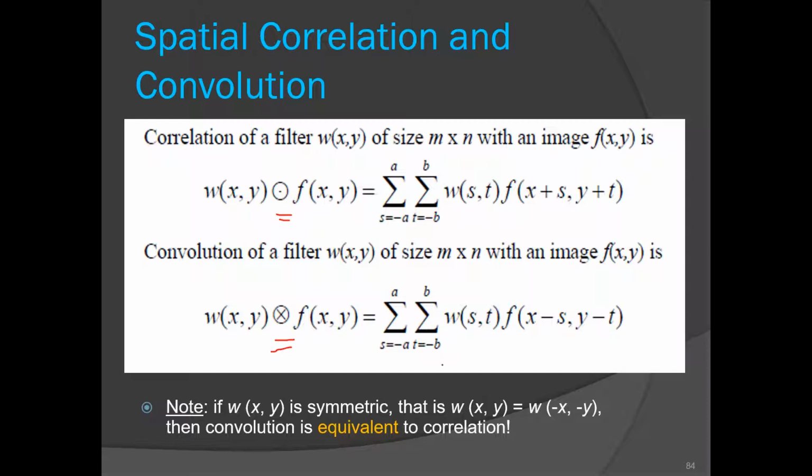Here we are not assuming that the W mask is rotated; with the help of this equation itself we get the rotation. When s equals minus a, the minus minus will become plus, so we get the effect of the rotation. And we have seen that when our mask is symmetric, the convolution is equivalent to the correlation.